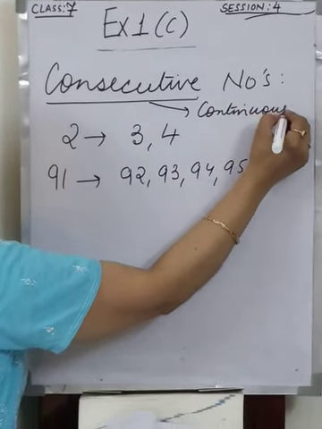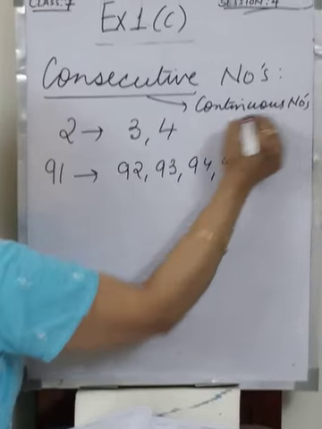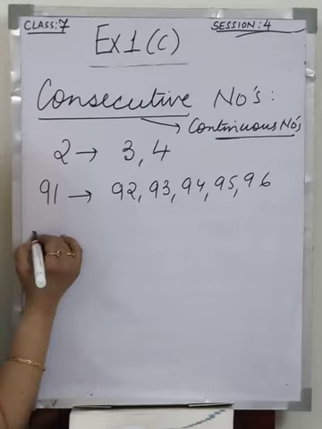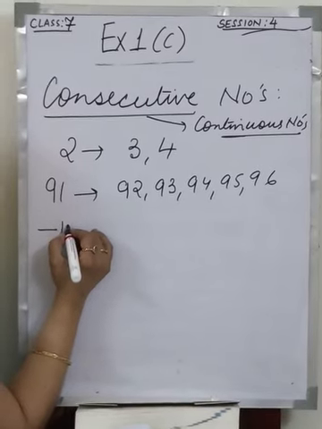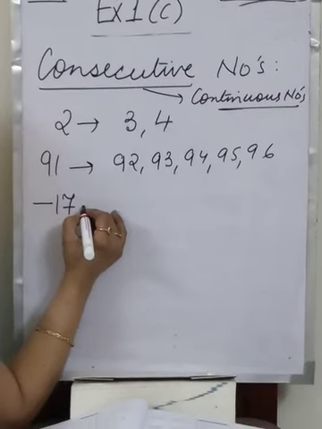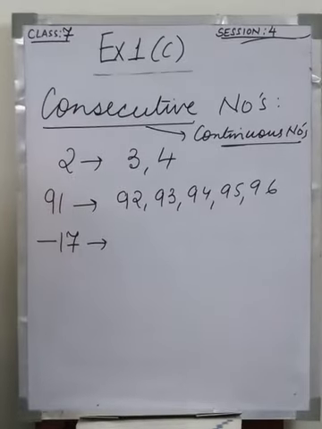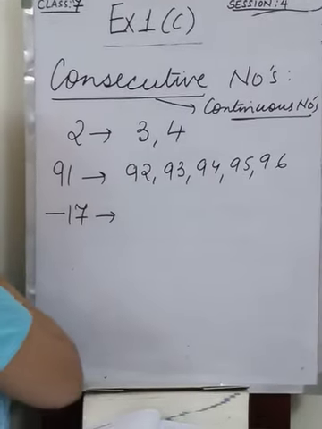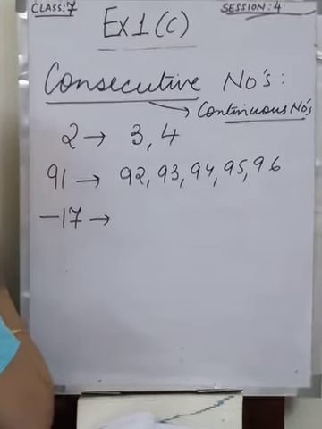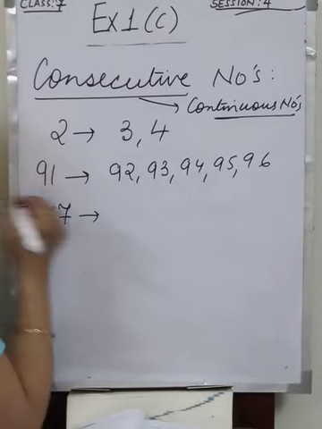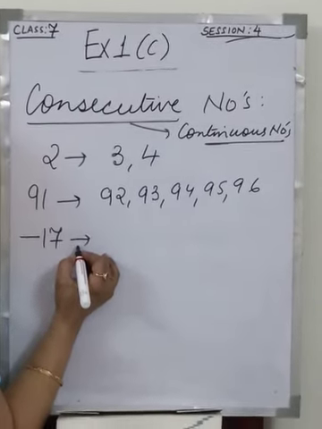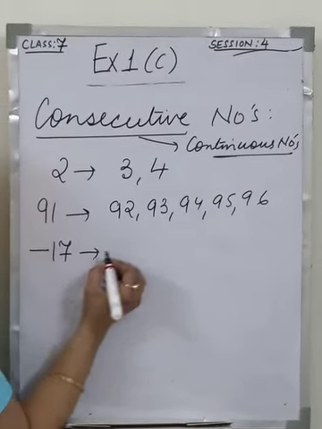Okay children, if I say write 4 consecutive numbers after minus 17, the consecutive numbers may be succeeding, they may be preceding also. So after minus 17 write 3 succeeding numbers.